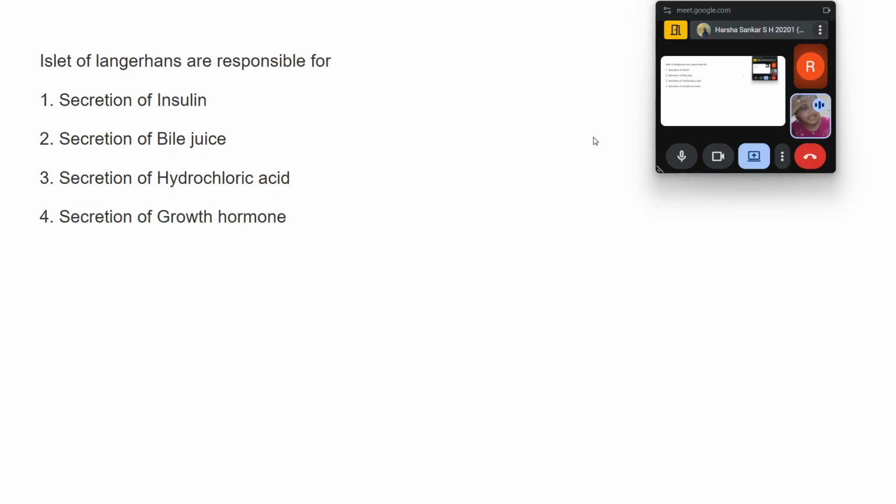Islets of Langerhans are responsible for secretion of insulin, bile juice, HCl, or growth hormone. Very good. Where can we see the islets of Langerhans?